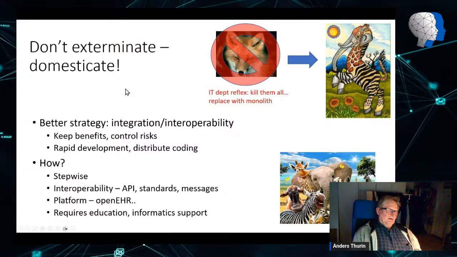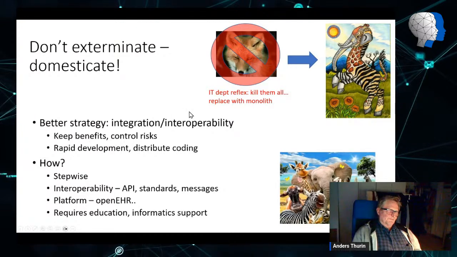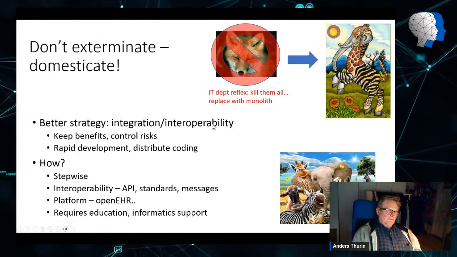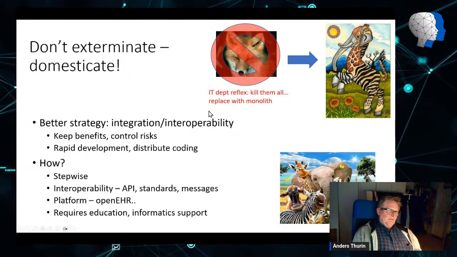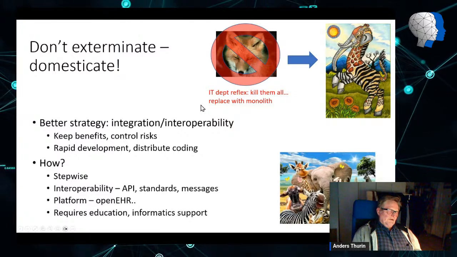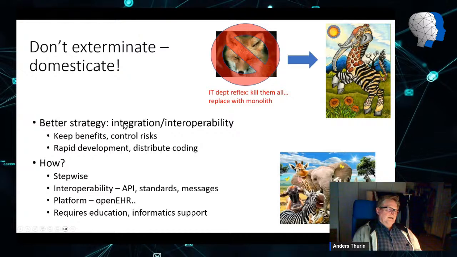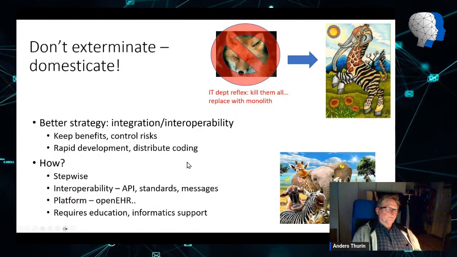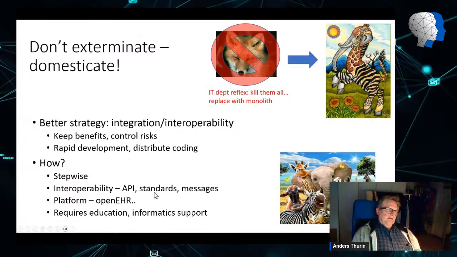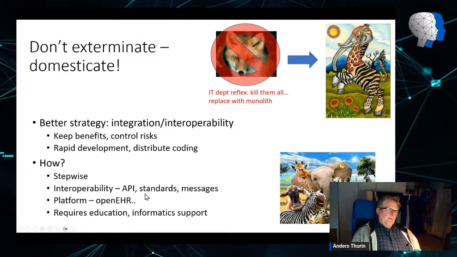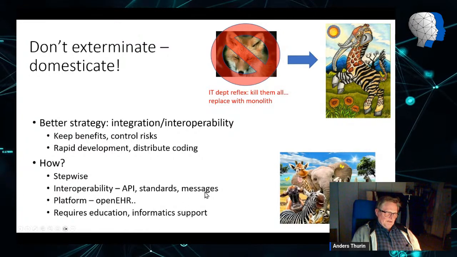So we should aim for systems to take care of local initiatives and bring them in line with what the IT department needs by integration and interoperability, and preferably stepwise with standards and APIs, and possibly loose integration with messages between systems.